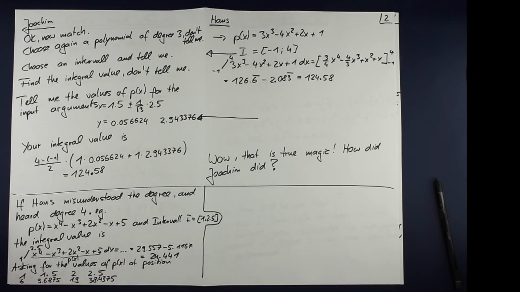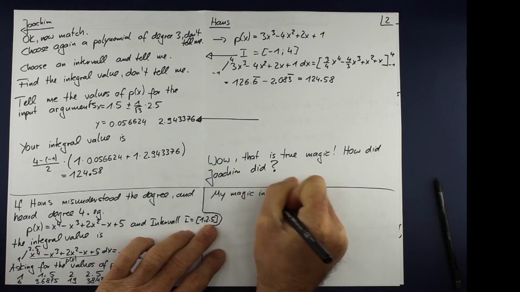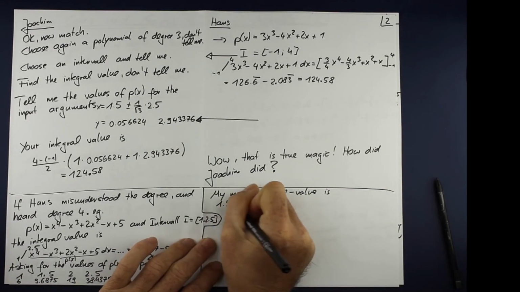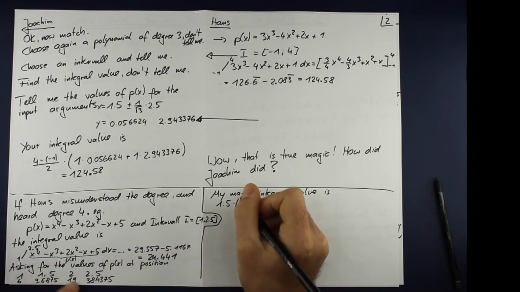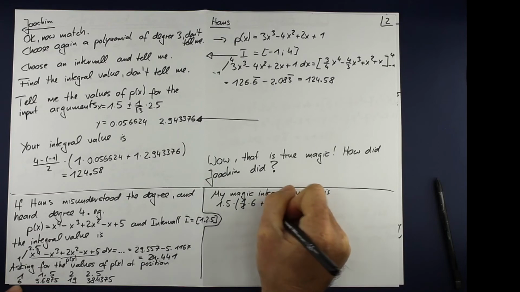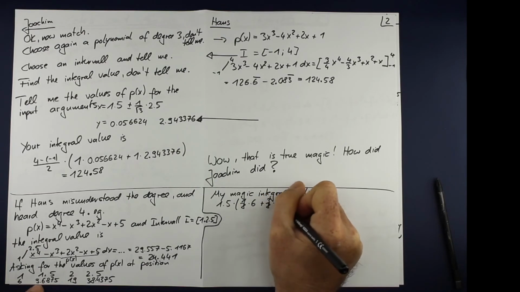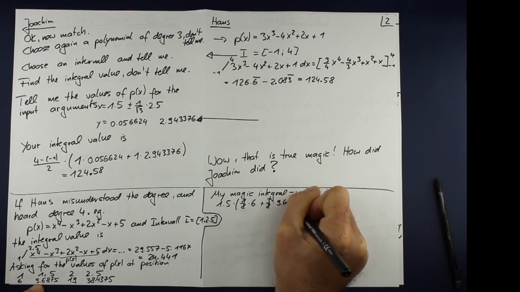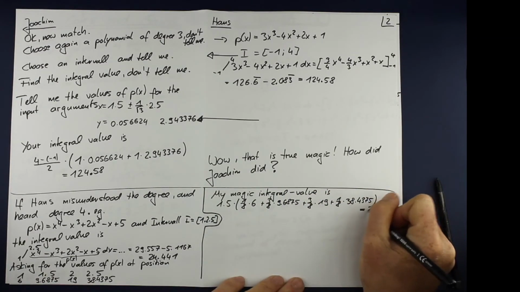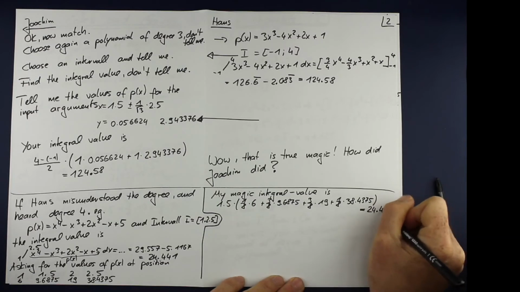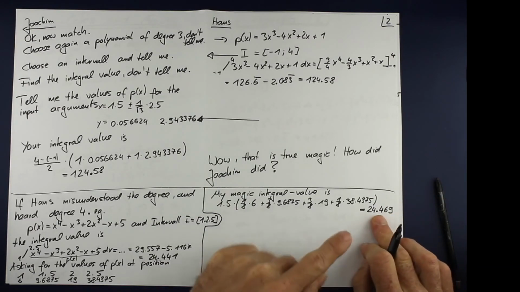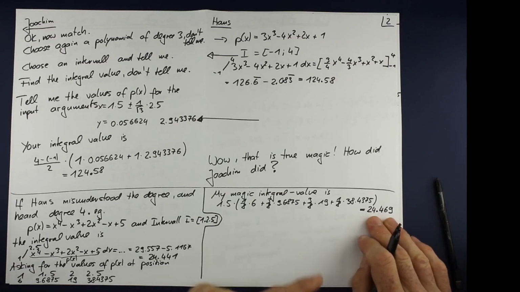And then I tell him: interval length 1.5 times weights, 1 divided by 8 times first function value, 3 divided by 8 times second function value, and so on. And doing so, the result is 24.469.